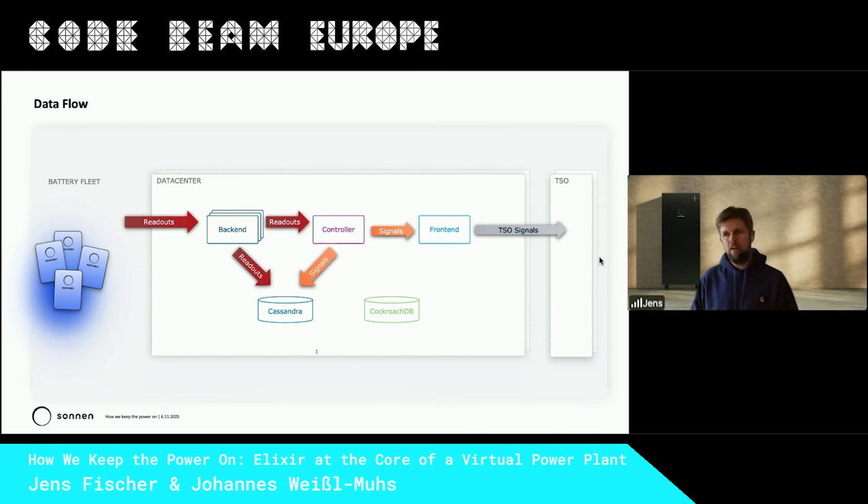With regard to data processing, it does two things. First, for every readout per battery, it calculates derived data points, so you could say an enrichment of the data. And then the second thing it does is it aggregates many batteries into clusters.